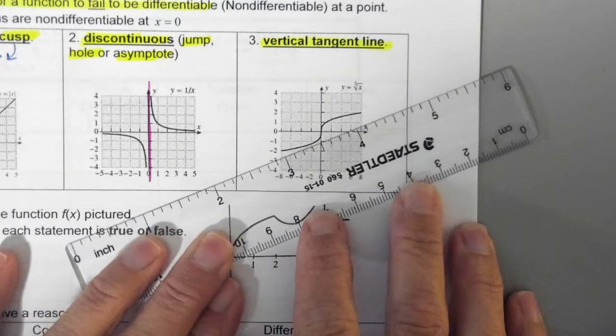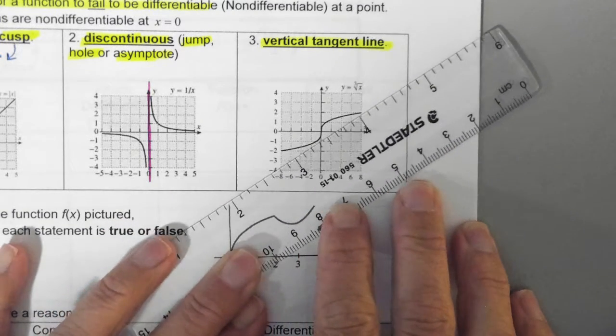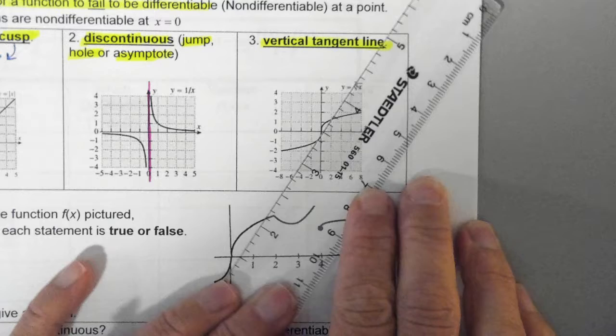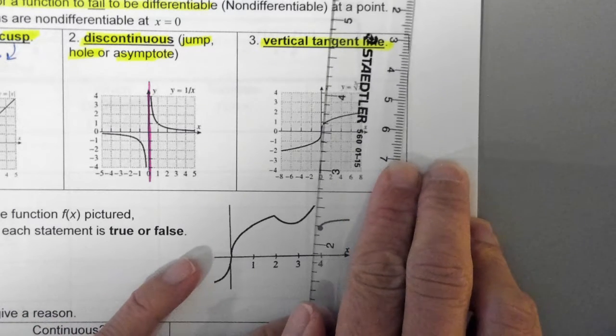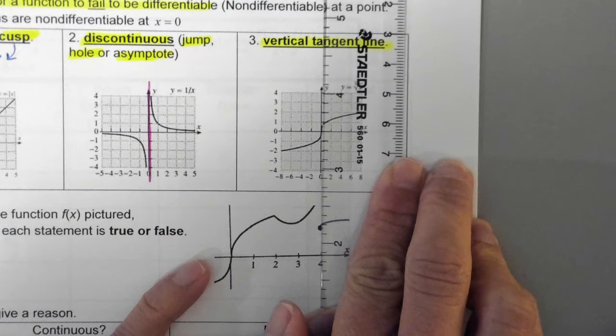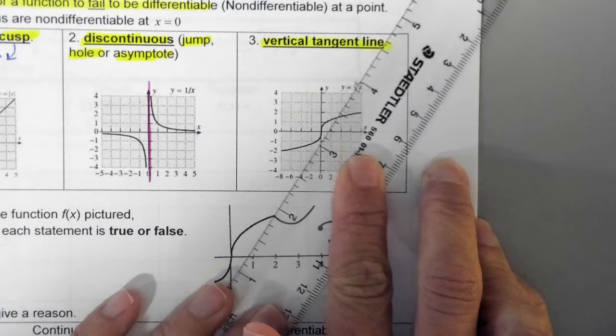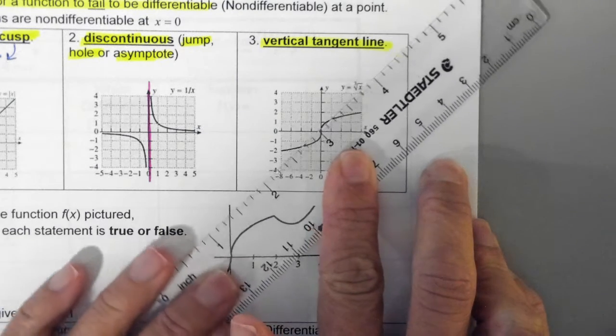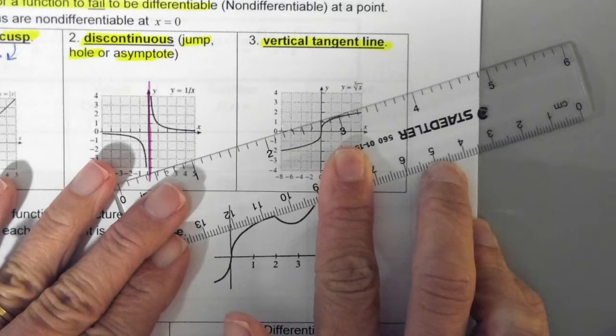Slope is positive, slope is positive, slope is positive, slope is really positive, it's getting even more and more positive. And then what happens here? Tell me about the slope right there. It's undefined, right? Vertical lines have slopes that are undefined. Horizontal slopes are 0. So then as I continue along this graph, the slope is still positive, positive, positive, positive, positive. Does everybody understand what I'm saying?